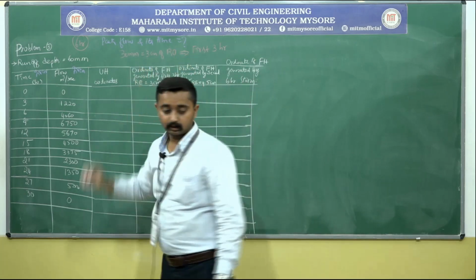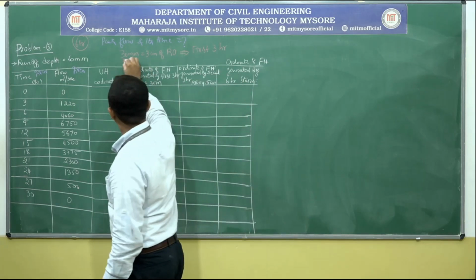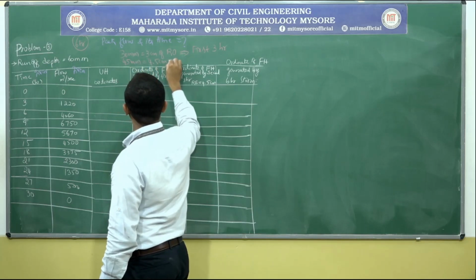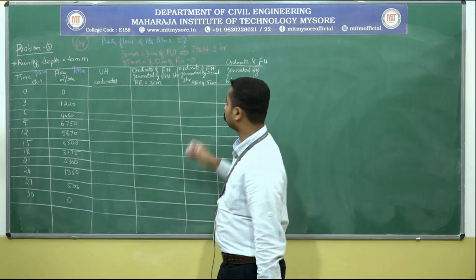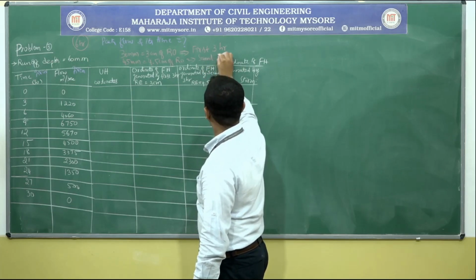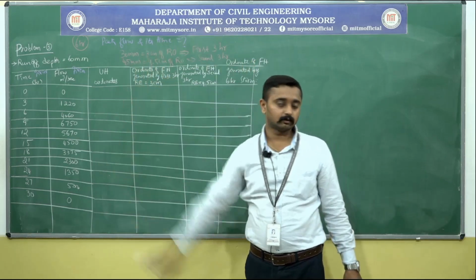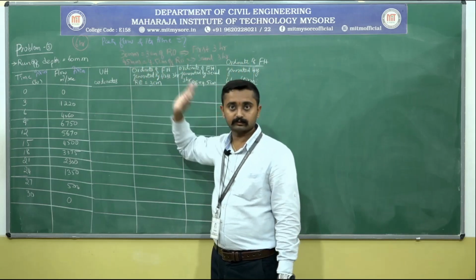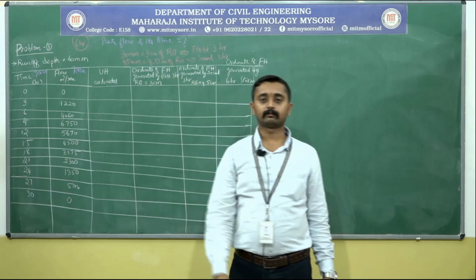Similarly they are mentioning 45 mm, nothing but 4.5 centimeter of runoff during second 3 hours. In the first 3 hours, the runoff depth is 3 centimeter. In the second 3 hours, the runoff depth is 4.5 centimeter.